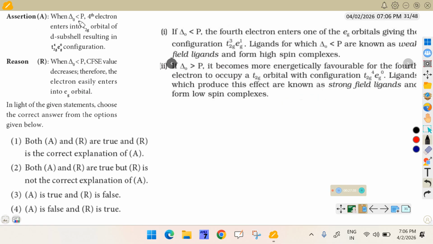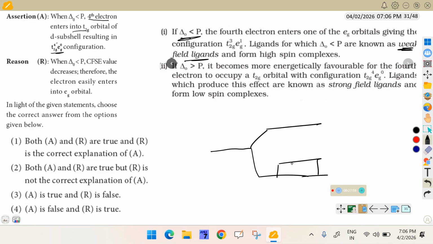When delta naught is less than P, the fourth electron enters the t2g orbital of the d subshell, resulting in t2g4 eg0. Check it. Delta naught less than P, the ligand is considered a weak ligand field. So weak ligand fields follow Aufbau, Hund's and Pauli's rule. 1, 2, 3, 4. t2g3 eg1 is the electronic configuration.